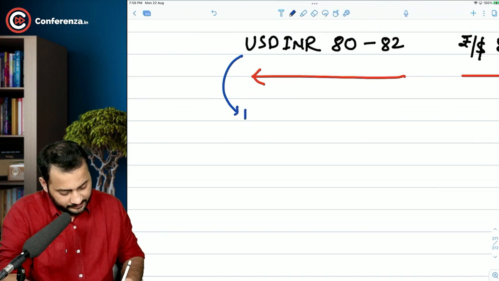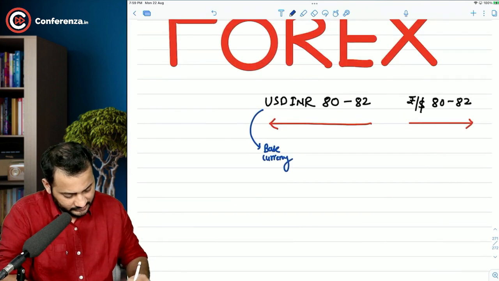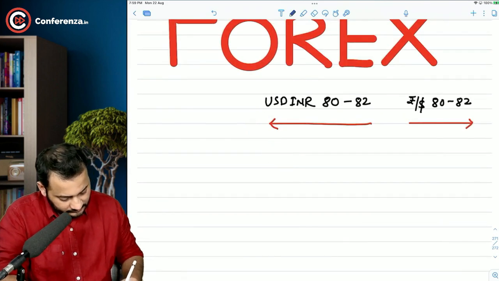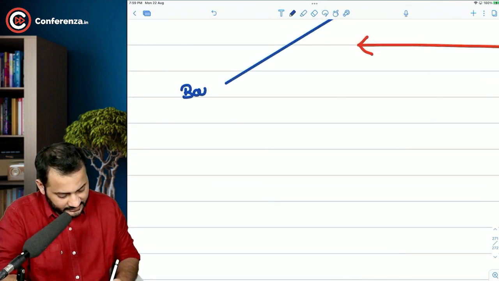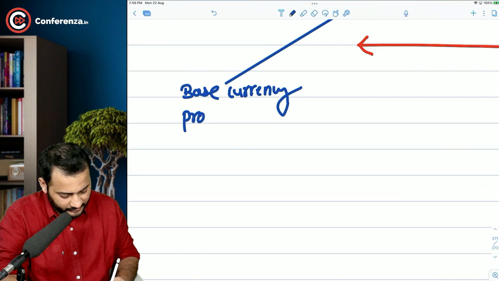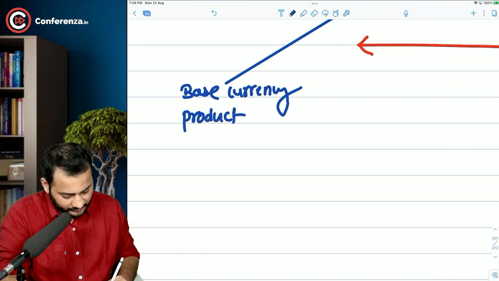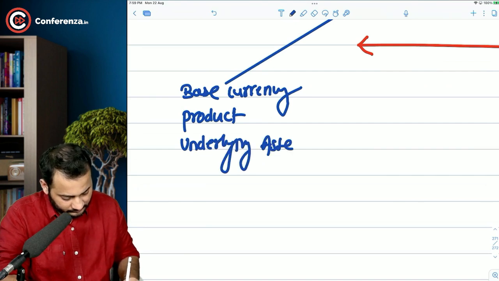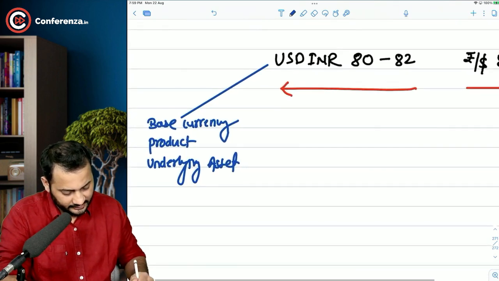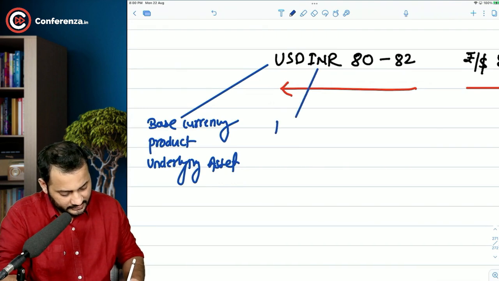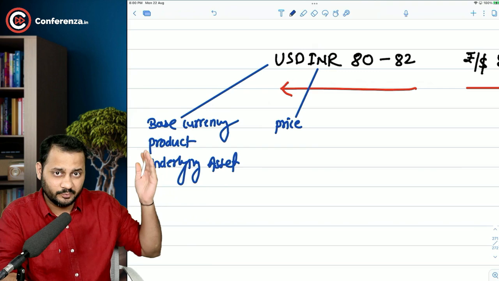This is called the base currency, or you can call it the product in the quotation, or the underlying asset. Okay, base, product, underlying asset. This is called the price of the base product or underlying asset.